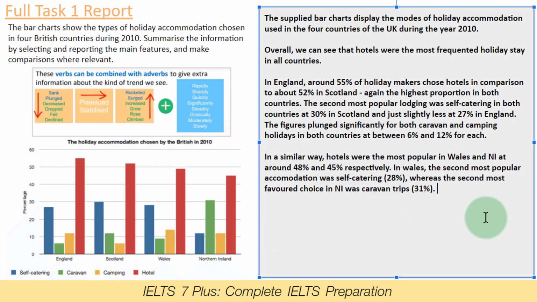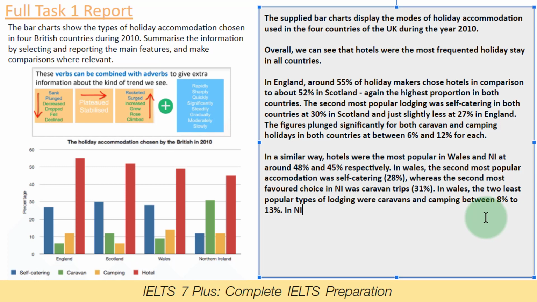Kind of just speeding up a little bit because I need to be careful on time. In Wales, the two least popular types of lodging, I'll use lodging again, were caravans and camping between, let's say, 8% to around 13%.